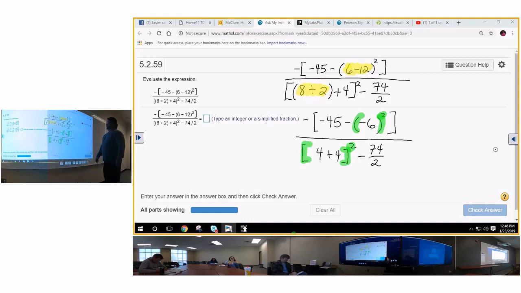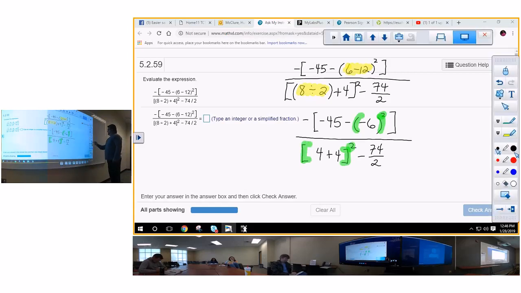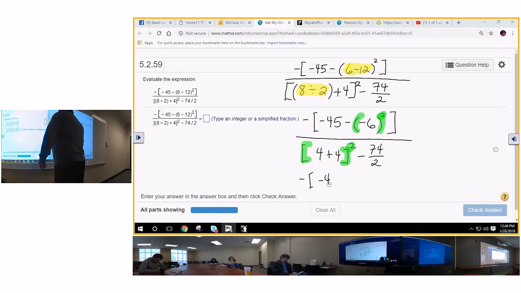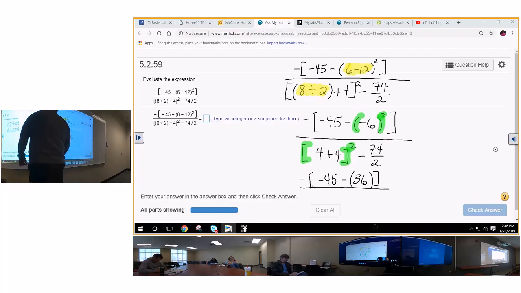Okay? So, here we go. That's going to be negative brackets, negative 45 minus, and what is negative 6 quantity squared? Positive 36. Bracket over 8 squared is what?